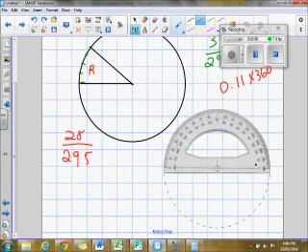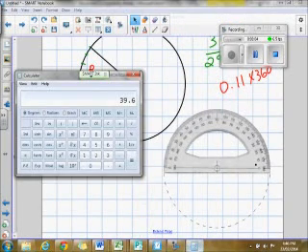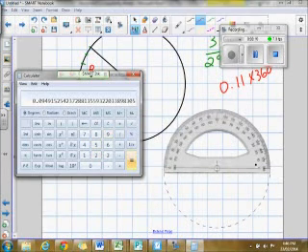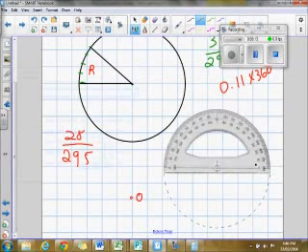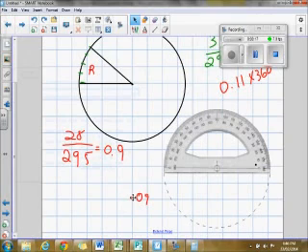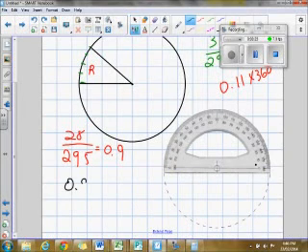In our calculator, we go 28 divided by 295, and that gives us a decimal of 0.09. So we take that 0.09 and times it by 360, and that will give us how many degrees.